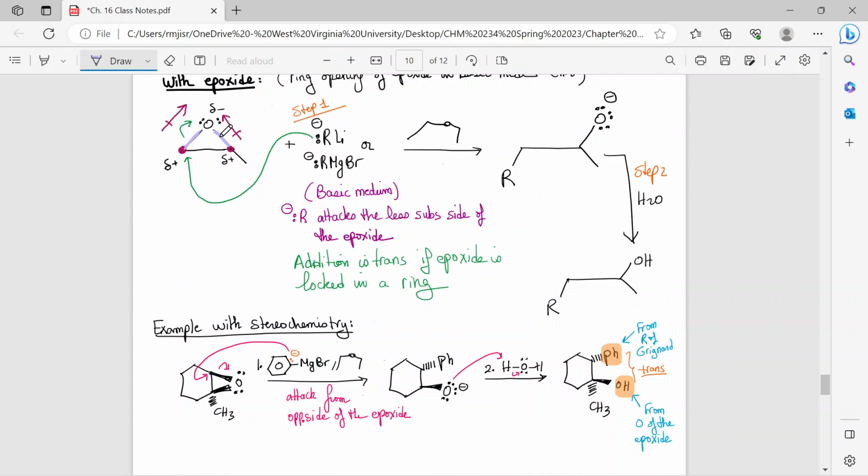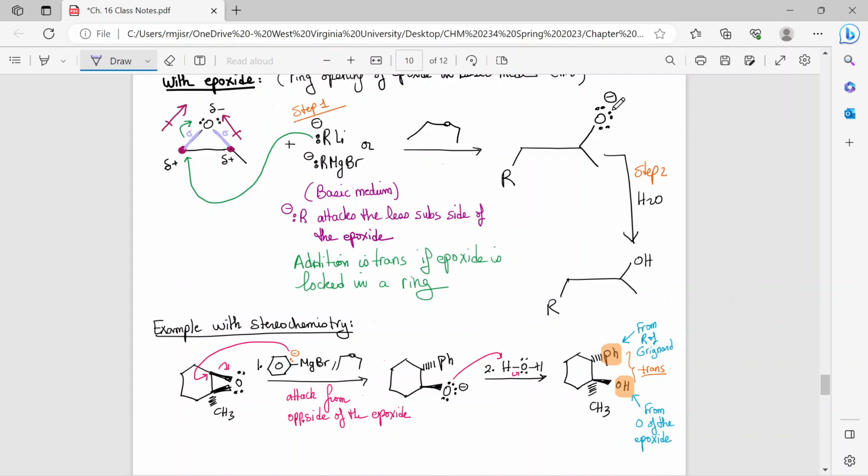This is why we call them bent bonds. Bent bonds are weak bonds. So these weak sigma bonds can be broken easily. This is why when the R attacks, it needs to attack from the opposite side so that it can break off the cycle.